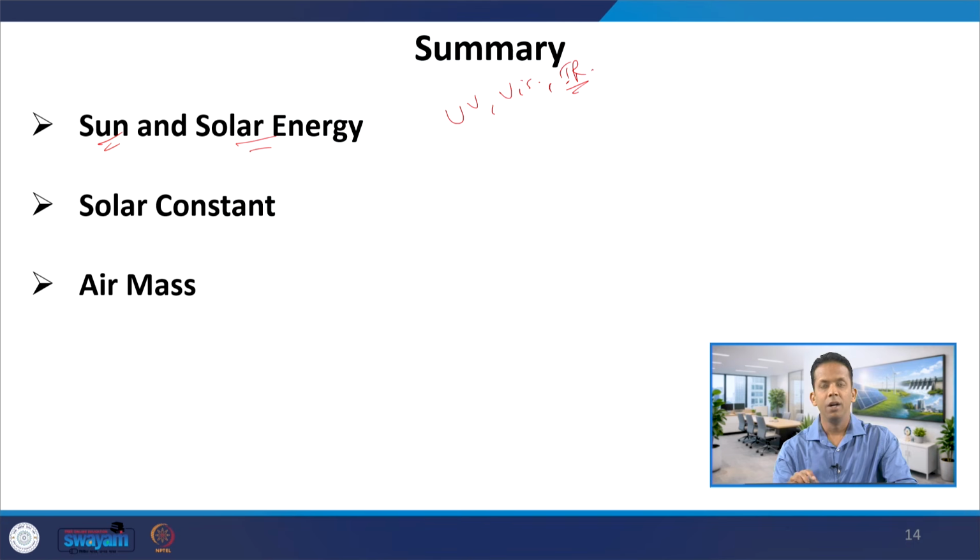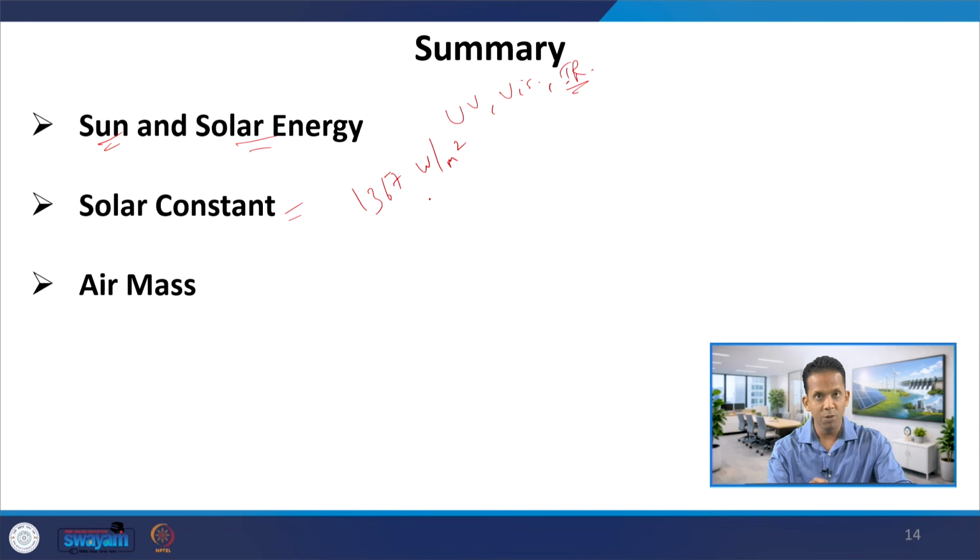Then the next concept we studied was the solar constant. It tells us the maximum amount of radiation that can reach the Earth right at a point just outside the atmosphere. It can also be defined as the average value of the extraterrestrial radiation with respect to Earth, and that number comes out to be 1367 watt per meter square.